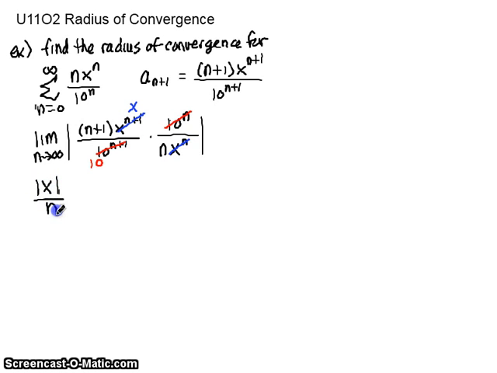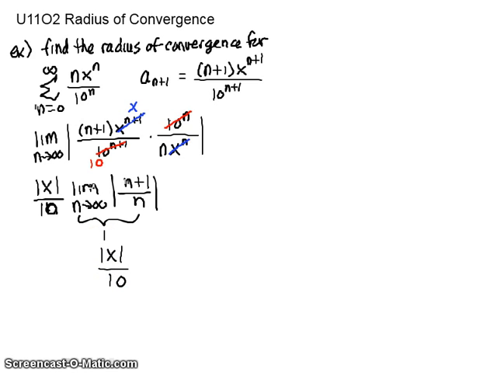The only difference here is that our x has to remain inside an absolute value. So the absolute value of x over 10 times the limit as n approaches infinity of n plus 1 over n. If we take that limit, looking at horizontal asymptotes, we get 1 over 1 again. So that's going to be 1. So our limit's just going to be the absolute value of x over 10.